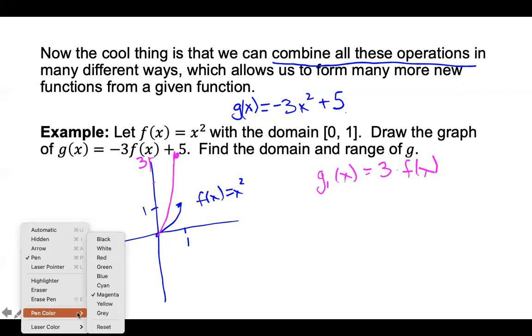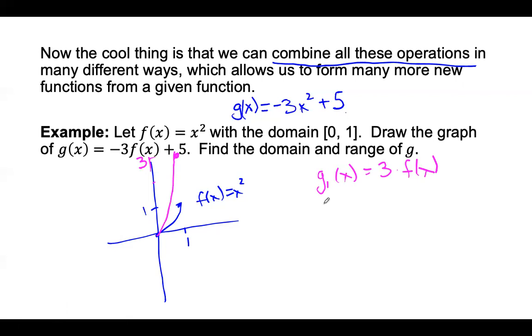I'm going to run out of colors, but I'll try. Then for g2, we apply negative 3 times f of x. That's that flip over the x axis, so it'll be down here. So then we flip it.